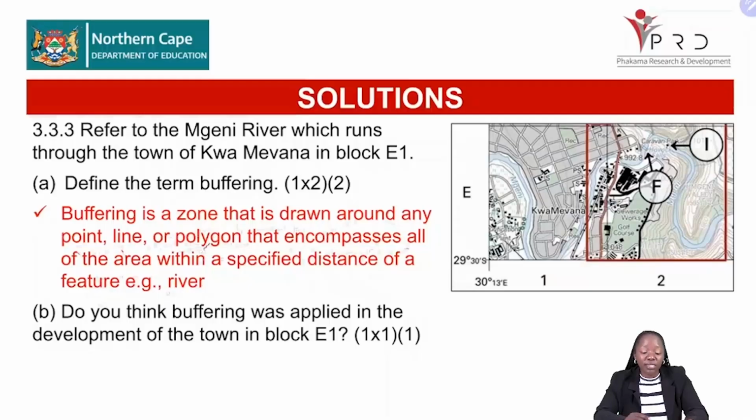Or you may just say simply, buffering is the demarcation of an area around the feature or the object. You are also correct. Then number B, do you think buffering was applied in the development of the town in block E1? We do not see any evidence of buffering. So therefore, the answer is no.